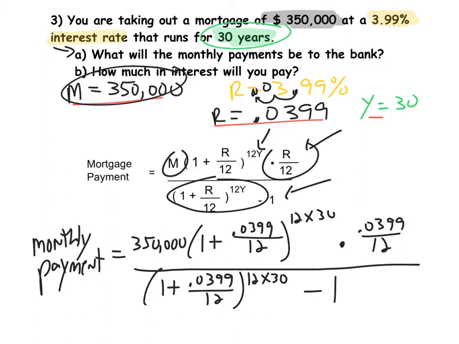Take a moment, enter this expression into your calculator, see if you can figure out what the monthly payment is going to be to the bank. I'll give you 1 minute.